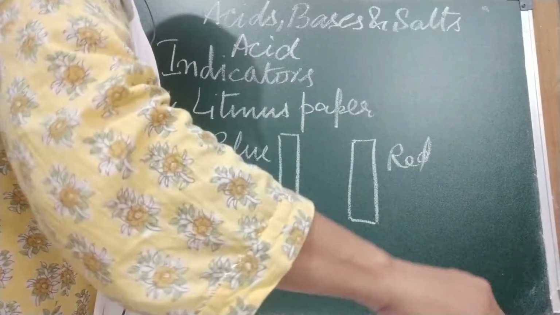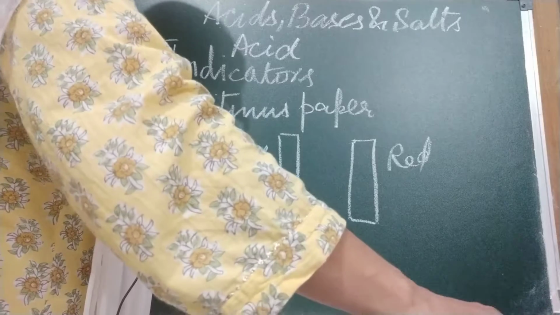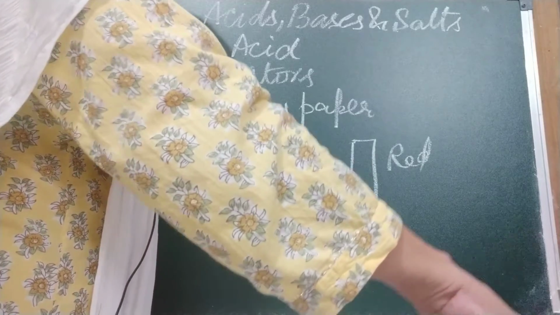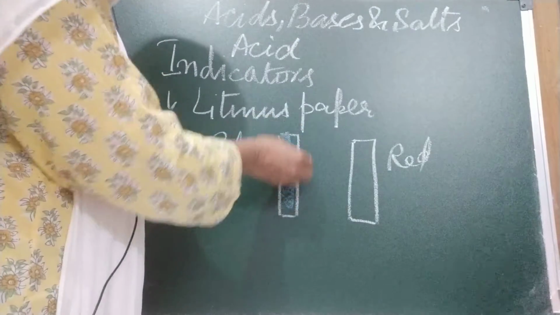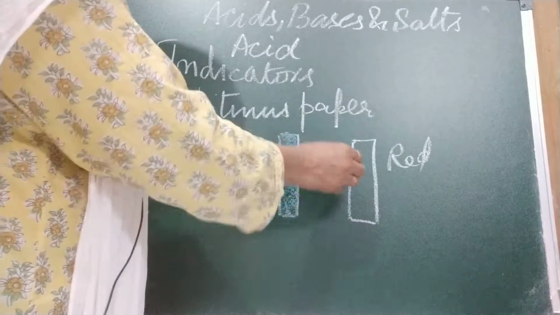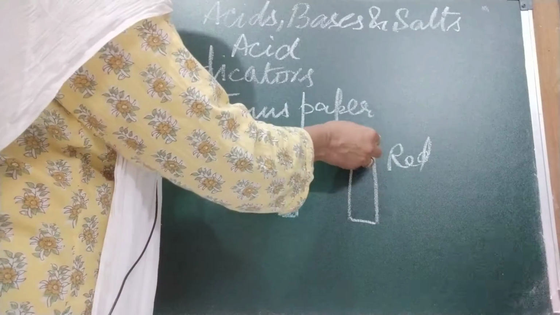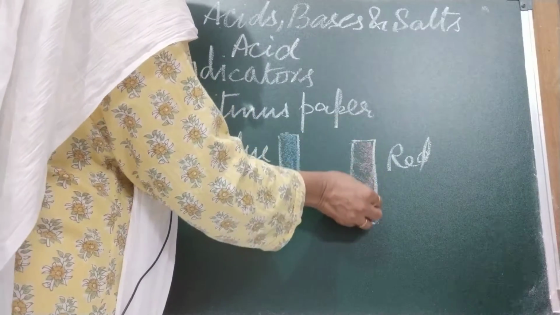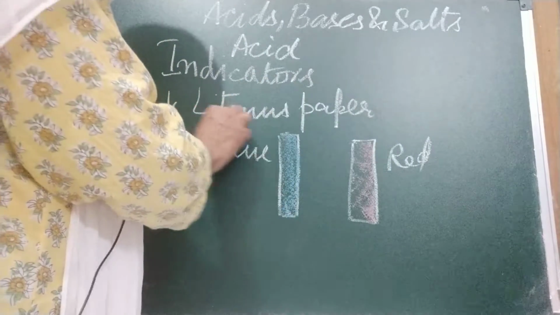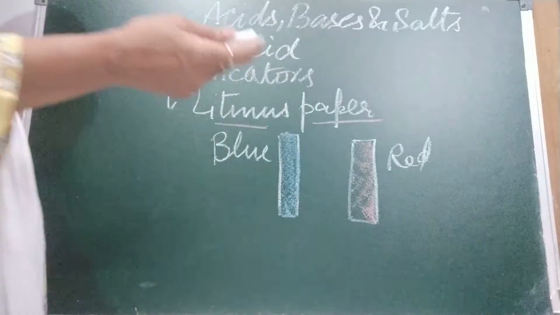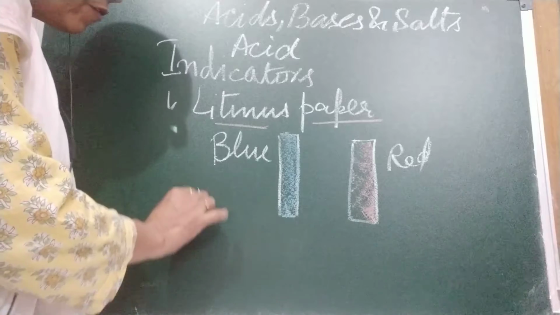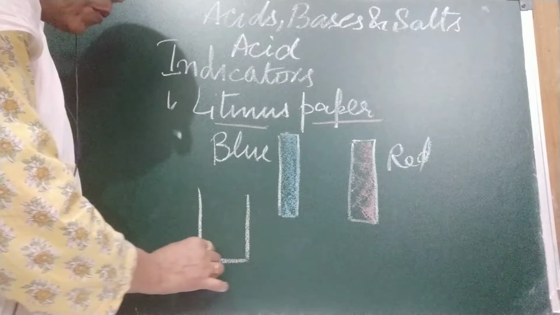Red litmus paper is for bases and blue is for acids. To check whether a substance is acidic or basic, we use this litmus paper. Suppose we have a substance which we do not know. I have taken that substance in a test tube or beaker.